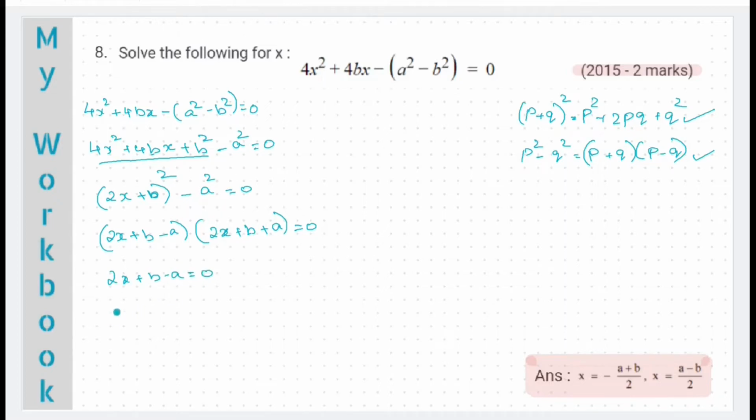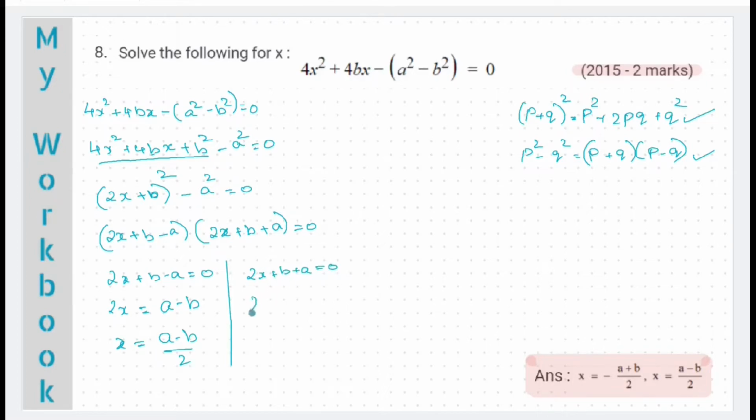First factor, 2x + b - a is 0, so you will get 2x as a minus b. So x will be (a - b)/2. Similarly, we can take up the second factor, 2x + b + a, and equate it to 0.